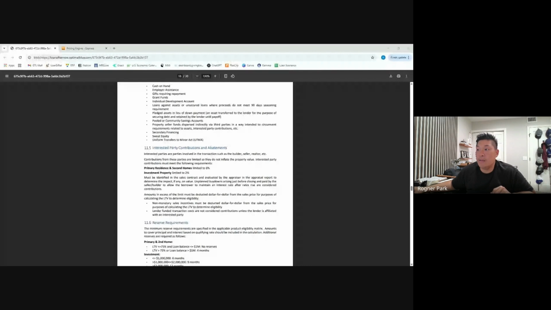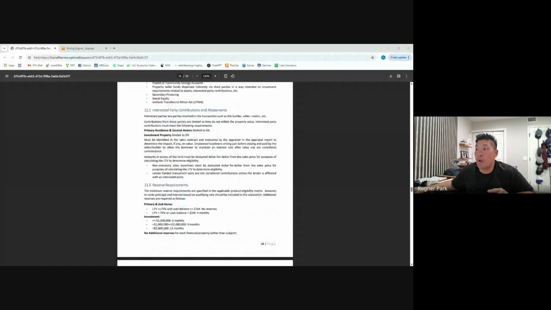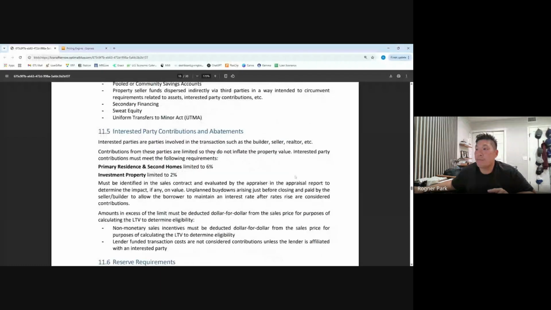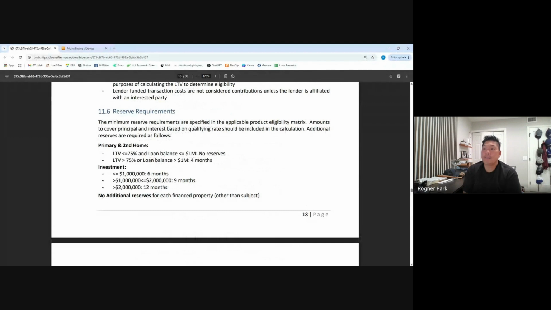This is their guideline, and I'm going to show you how to get to all this. Look at their reserve requirement. If they're doing 25% or less down payment, you only need 4 months. If you're doing more than 25% down payment, no reserves are required. Really, really aggressive there.